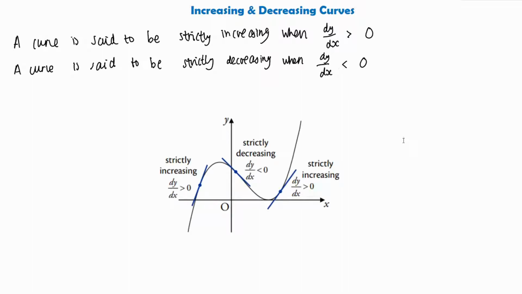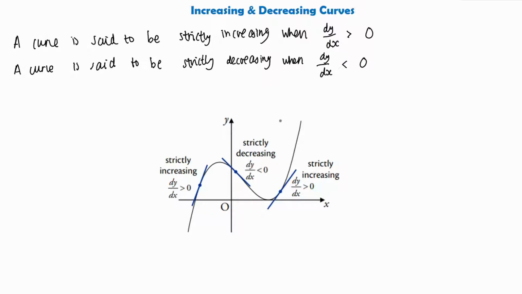So as we said in our video about the equation to the tangent of a curve, the derivative of the equation of the curve at a point x will give us the gradient of the tangent. If we can work out the gradient of the tangent, it will tell us if the tangent is going to be increasing or decreasing.